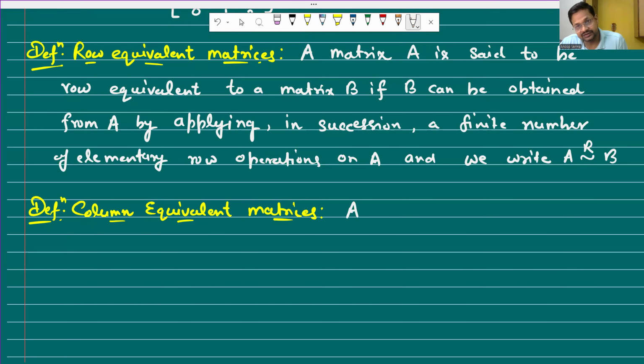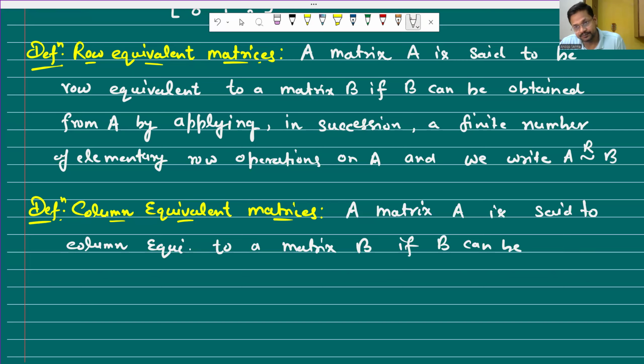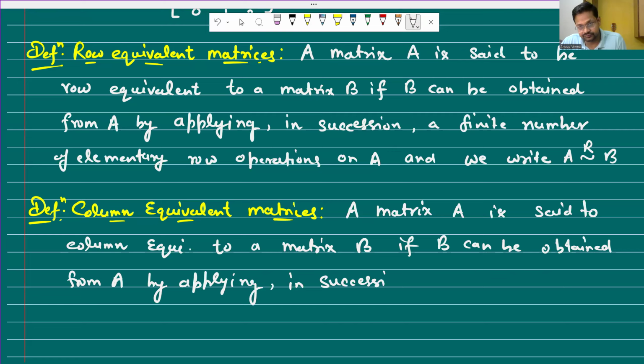So a matrix A is said to be column equivalent to a matrix B if B can be obtained from A by applying some, in succession, a finite number of column operations.